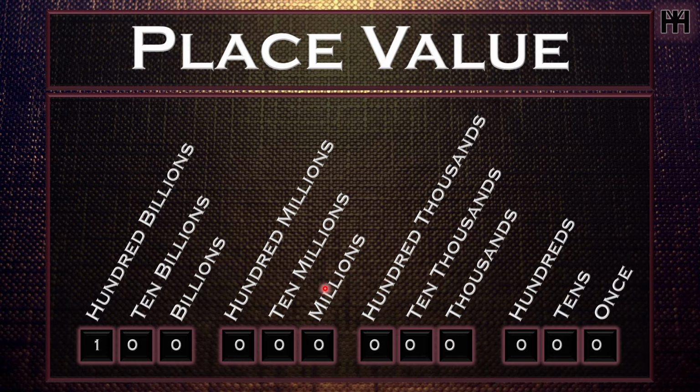Now we are in the millions realm, now we are in the billions realm. It will be easier for you to write and pronounce the number if you separate every 3 digits from each other. It will be much easier for you.